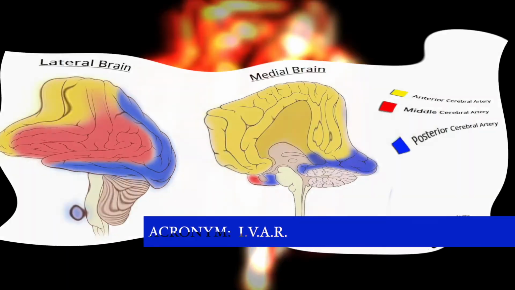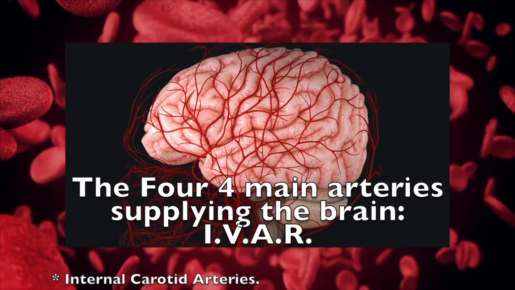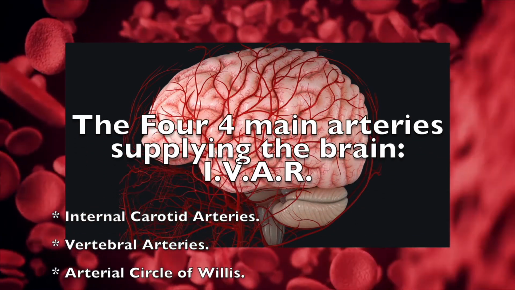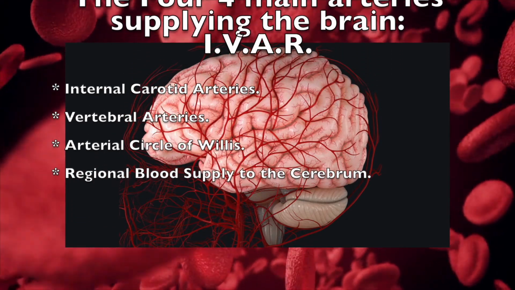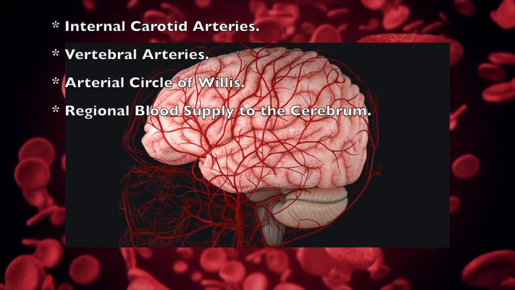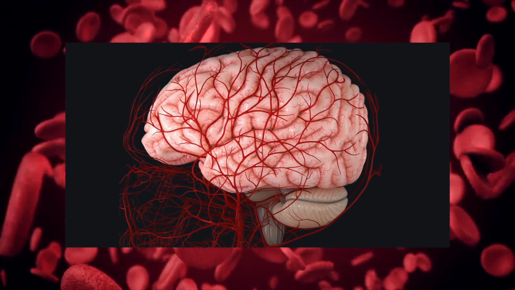So I stands for internal carotid arteries, V stands for vertebral arteries, A stands for arterial circular villus, and finally R stands for regional blood supply to the cerebrum. So that's really all I need you to remember for now.